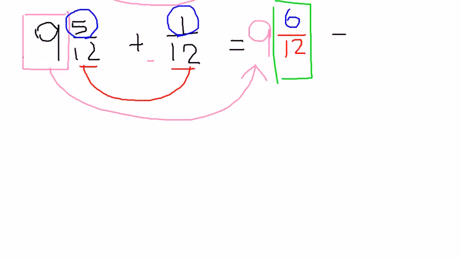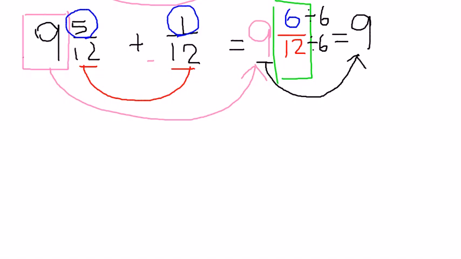So what is the biggest number that I can simplify by? Yep, 6. So let's divide by 6 on top and divide by 6 below. What about the whole number? Do you simplify this as well? No, you don't simplify. So bring your whole number across again, so just write a 9.